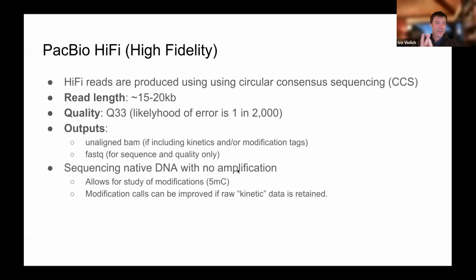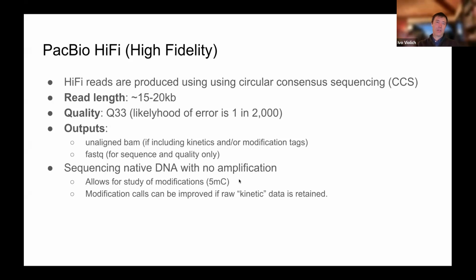For both of these technologies that I'm going to talk about today, PacBio and ONT, you're sequencing native DNA without amplification. The reason that's important is that it allows the study of modifications because the modifications are still there. When I mentioned kinetic information being stored in the unaligned BAM, the only reason that's possible is because it is native DNA.